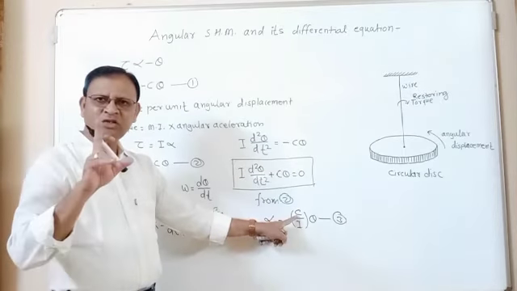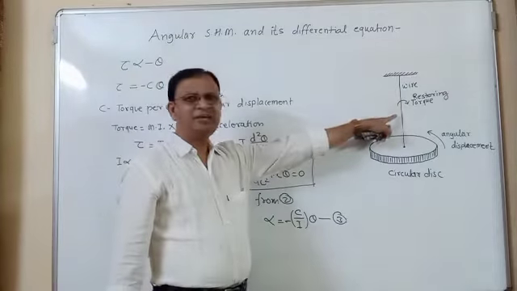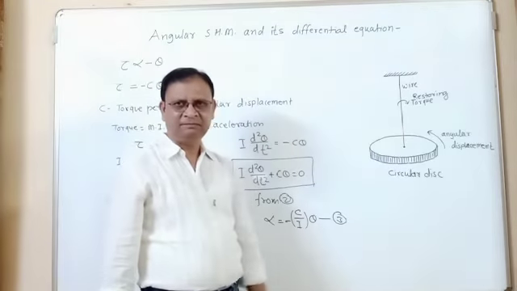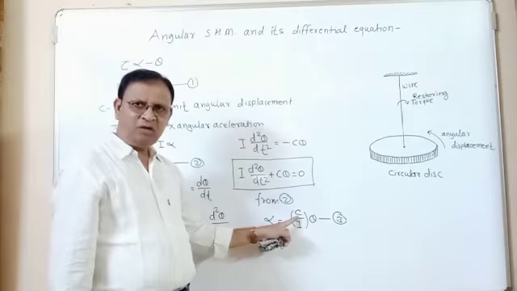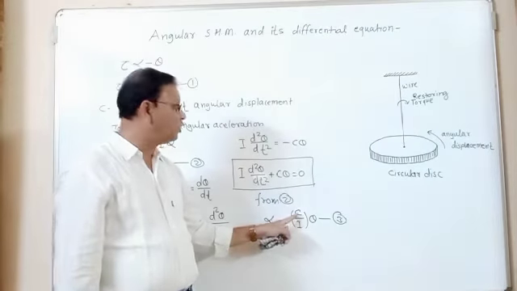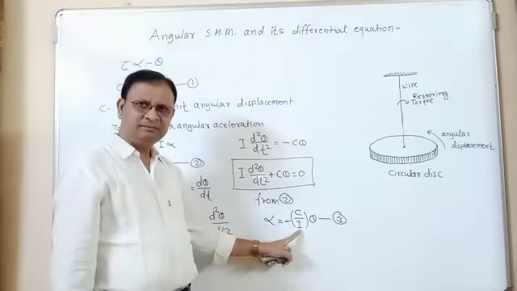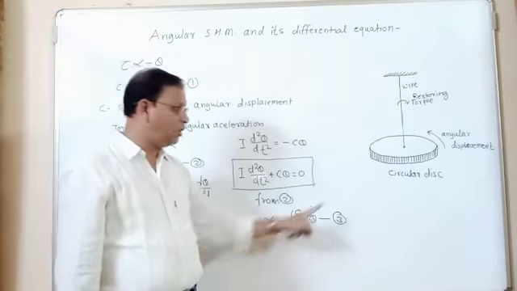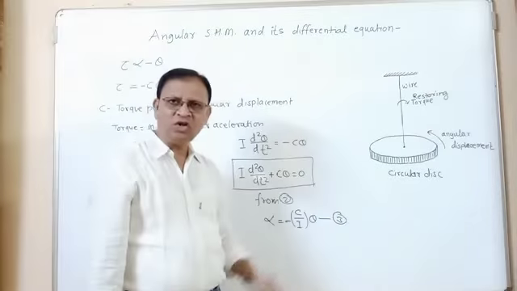It is a proportionality constant, and that depends upon the elastic property of that wire. So C, the torque per unit angular displacement, is constant for a given wire. Also I, moment of inertia of this disc, is also constant.